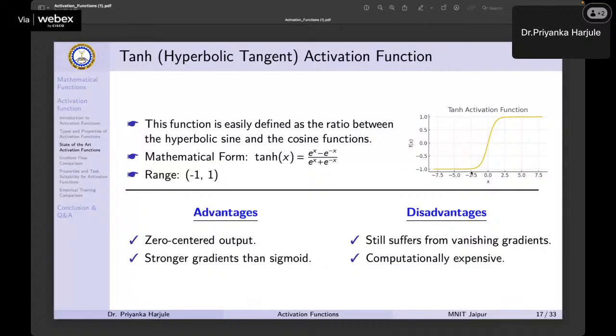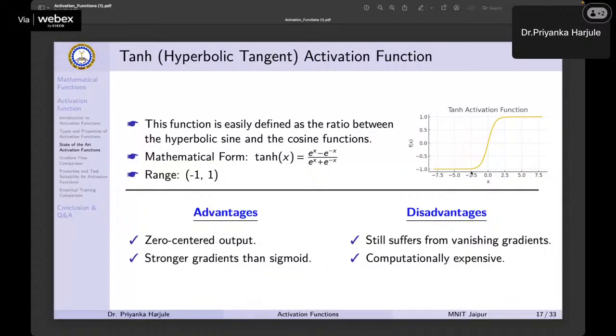The second advantage is that it has stronger gradients. Why? Because it keeps the gradient flow stronger compared to sigmoid. It also gives us smooth output, which is good for capturing fine grained patterns, like those required in text classification or sentiment analysis problems.